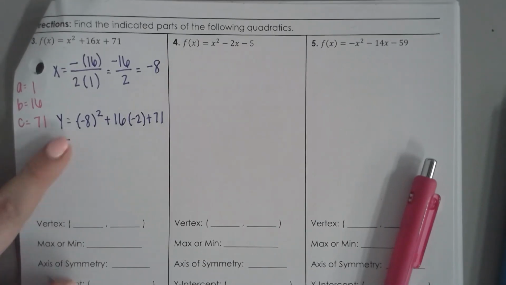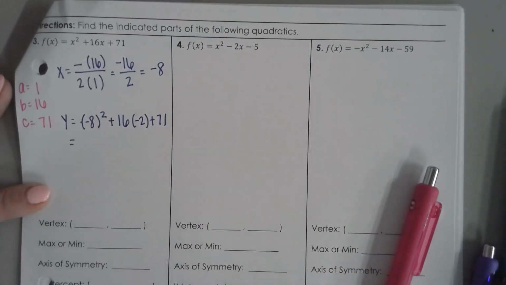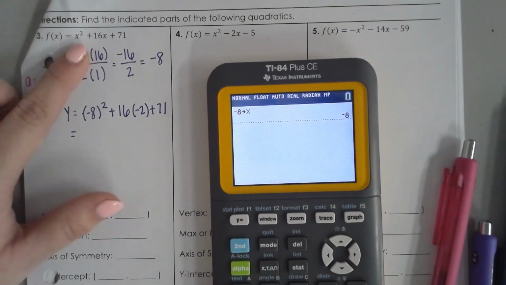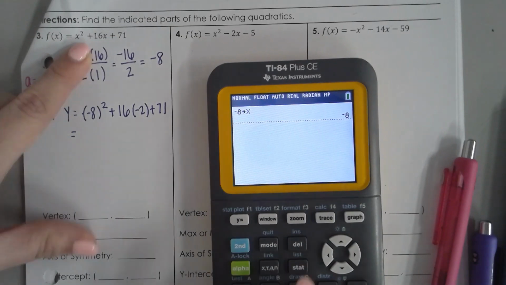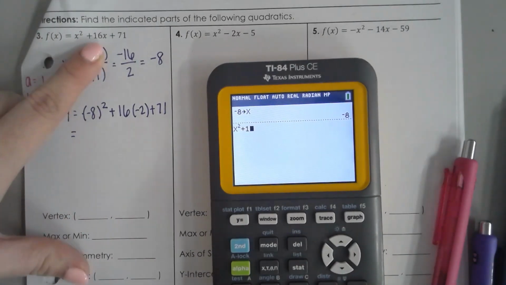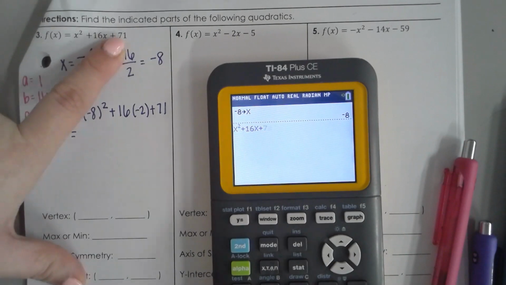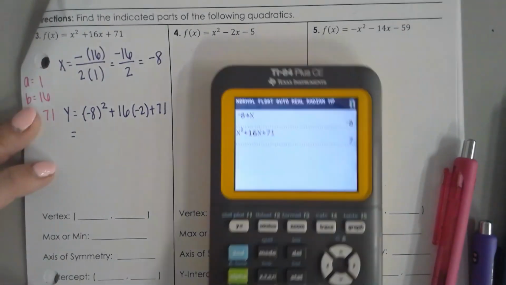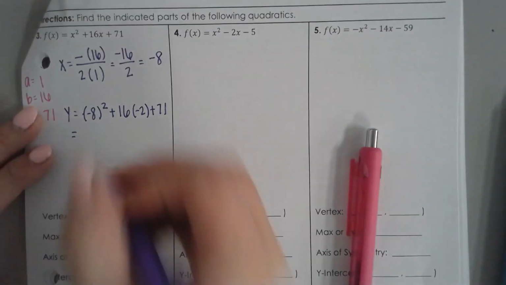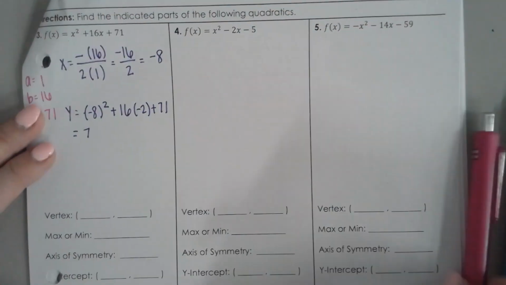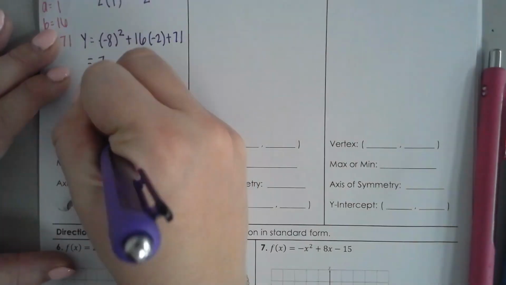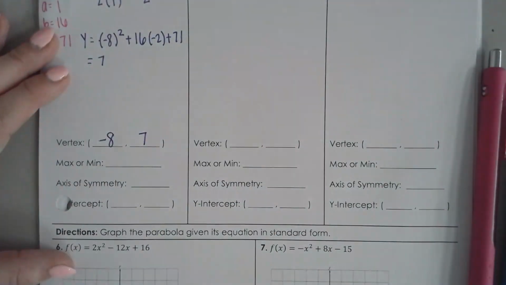Otherwise, you'll mess up. If you want to avoid that mistake, do -8, store x, and then type in the equation as is. X squared plus 16x plus 71, and you get 7. So my vertex is the point -8, 7.